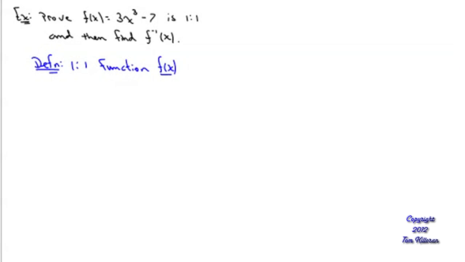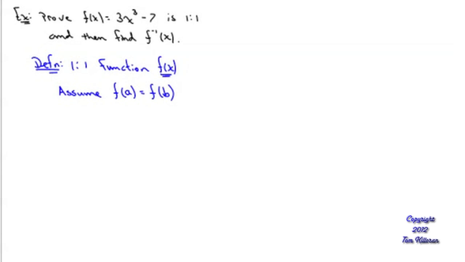If you're given a 1-to-1 function, and it's called f of x, you assume that you have this f of a is equal to f of b. What you're saying here is you have the exact same y value for two different x values. But what has to be true about the x values if it's a 1-to-1 function?